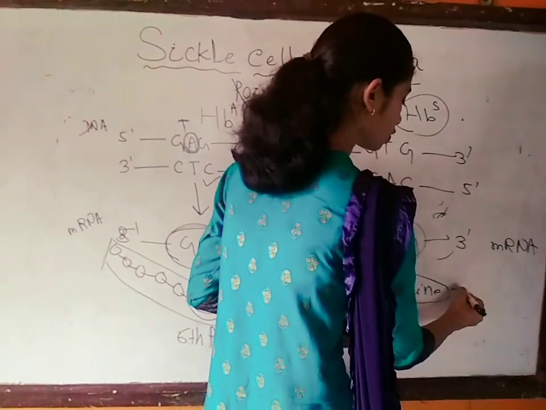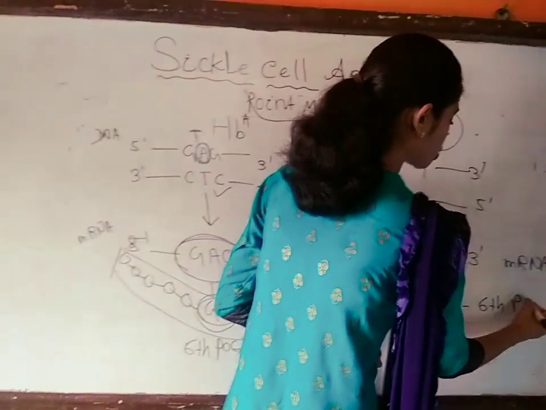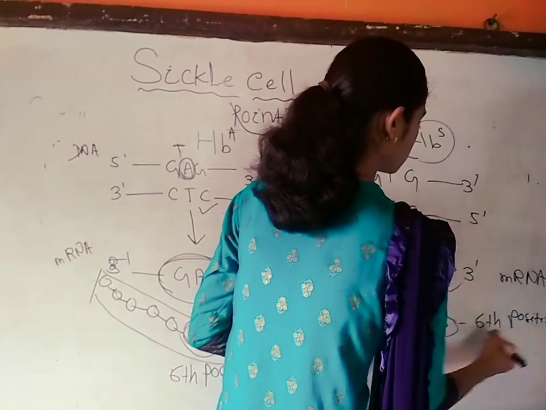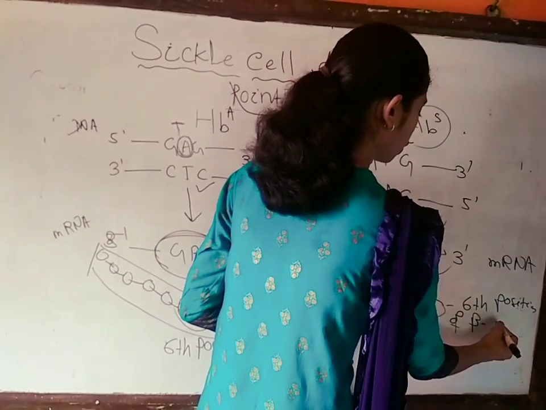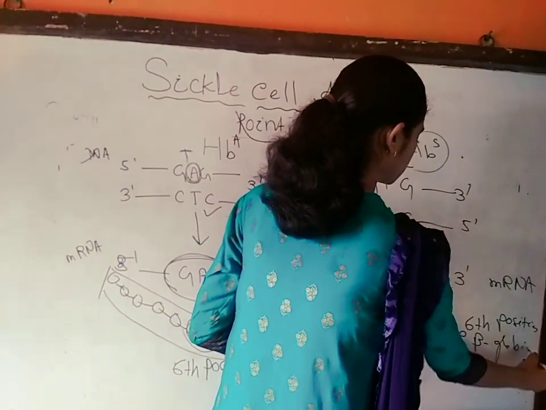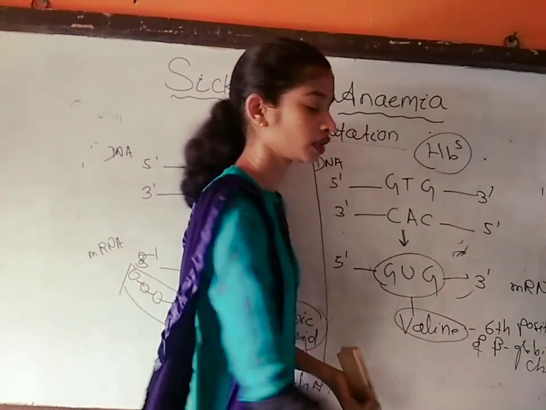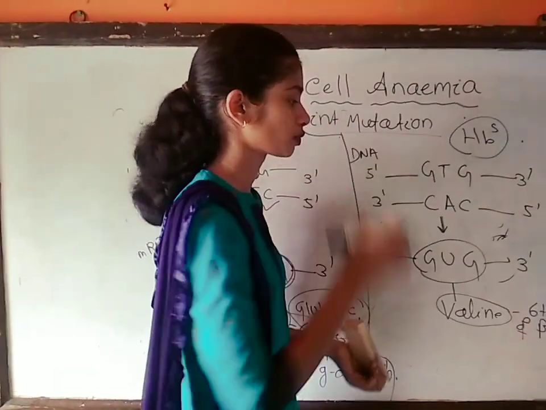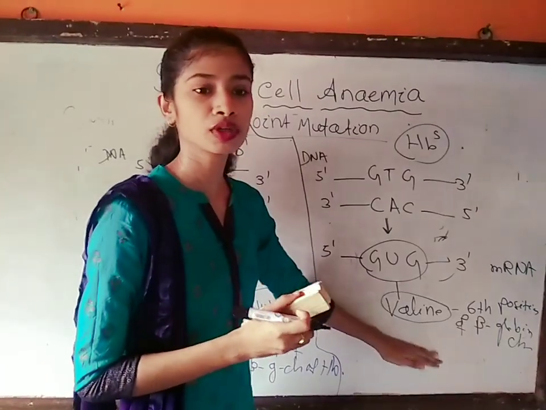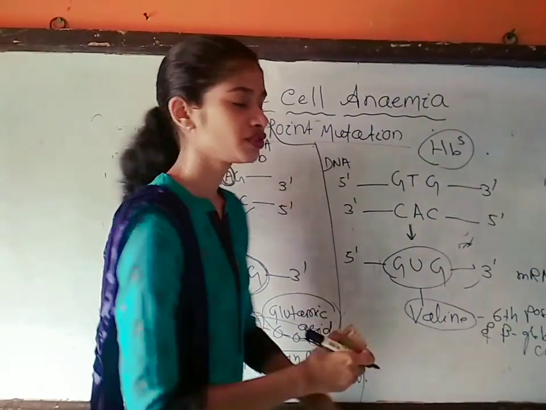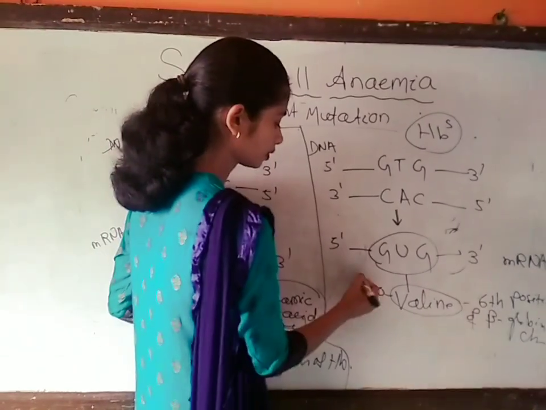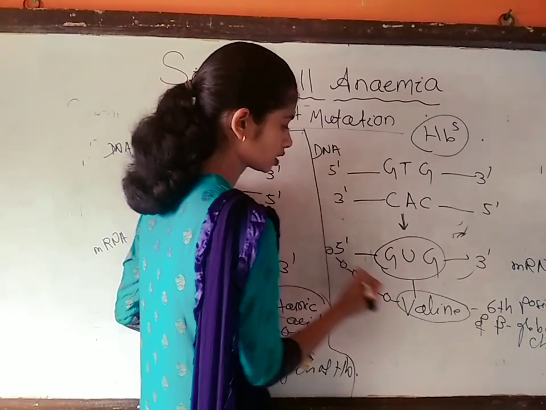So this valine is found in the 6th position of the beta globin chain in the hemoglobin. Before that, 5 amino acids are also found, but these are not necessary.